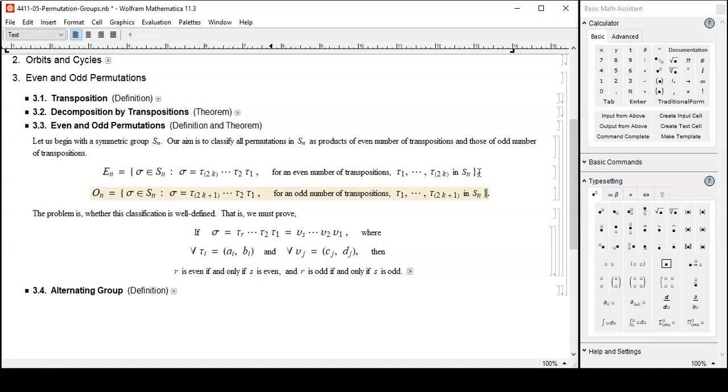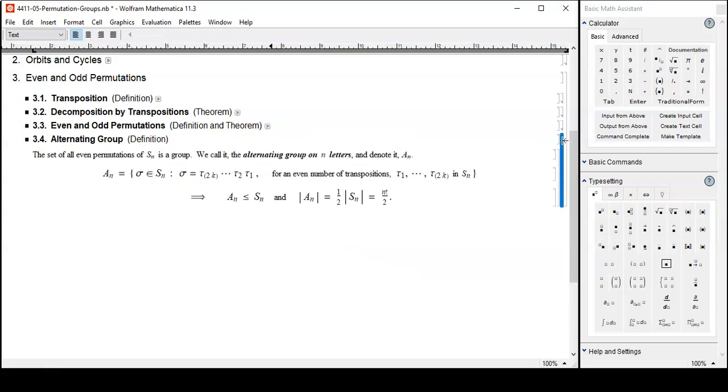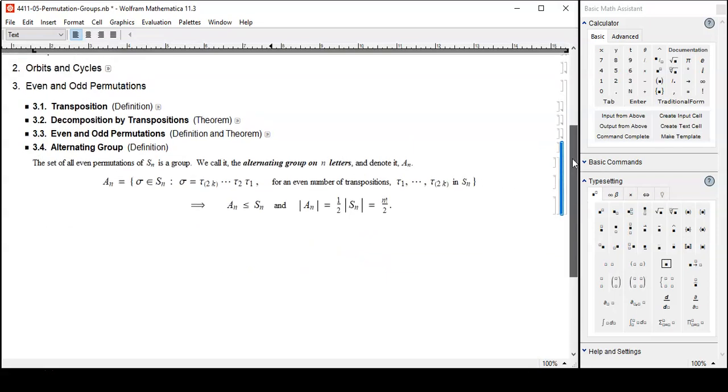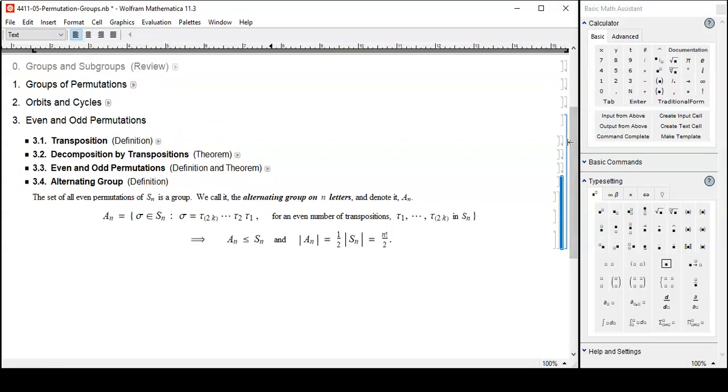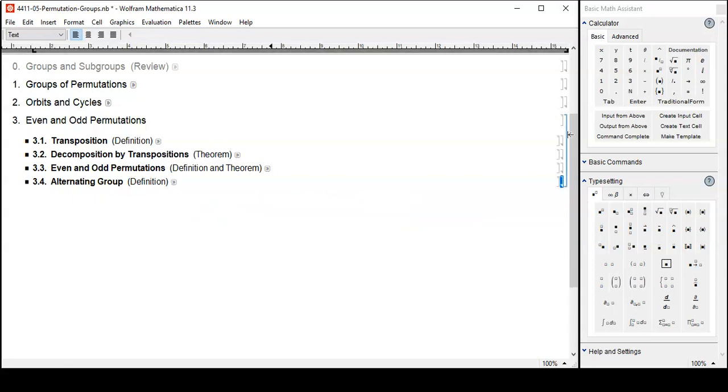And then even permutations actually form a subgroup, which we call an alternating group. And this group will become important in abstract algebra 2 when we do some field theory, Galois theory. But for now, I'm not going to overemphasize alternating groups. It'll be too difficult.